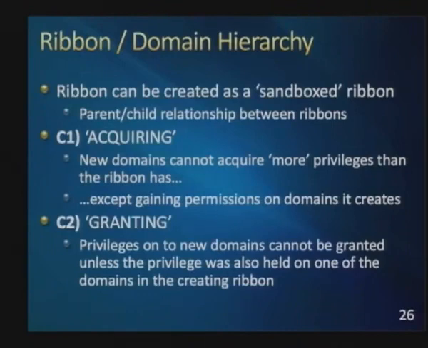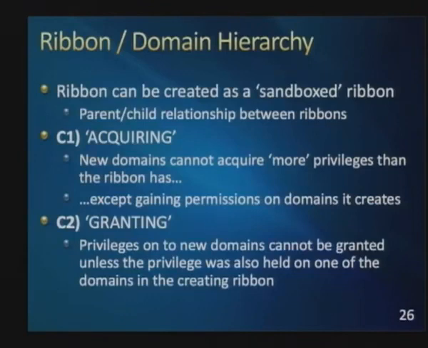So you can think of this as, when a ribbon creates a new protection domain, I can't acquire more privileges than what I currently have. I mean, that's almost too obvious to have to say explicitly, but it just says I can't get more than what I have. The granting condition is a little bit more subtle.